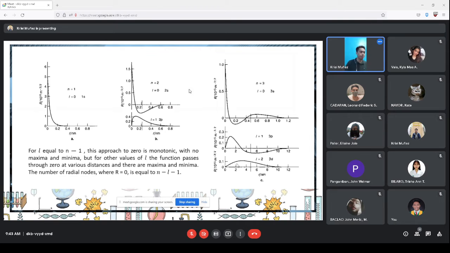So again, the number of radial nodes, where R is equal to 0, is n minus L minus 1. When we say node, class, our R is equal to 0. Since R is our wave function, and we know for a fact that this was included in your midterms, when our wave function is 0, it means we have no particle.